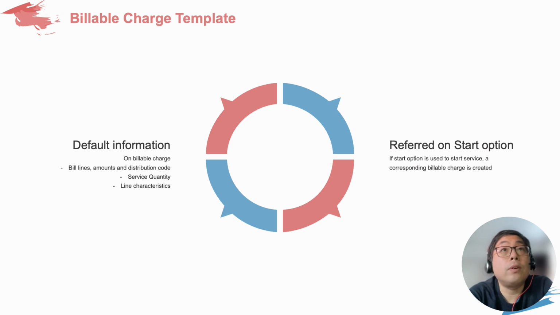For some billable charges, if we have certain information we know upfront rather than provided by the customer, we can default literally on all the elements we have discussed, like the bill lines, amount, distribution code, service quantity, line characteristics. And it is also referred to on the start option.